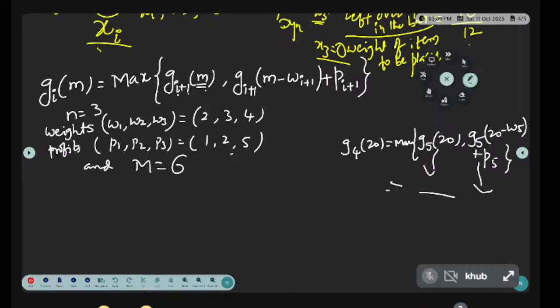It means you can hold only 6 units of item, 6 kgs. So the first item weight is 2 kgs, the second item weight 3 kgs, the third item 4 kgs. Total 2 plus 3 plus 4, 9 kgs. Bag capacity is 6 only, so we cannot place 3 items into your bag.